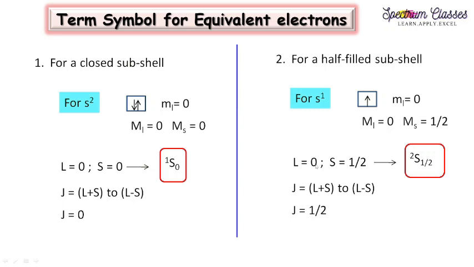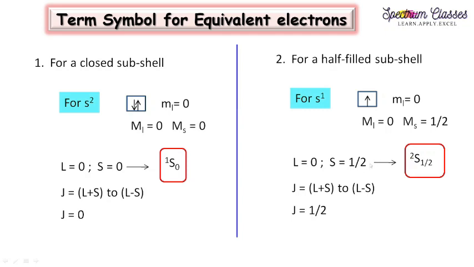So L is equal to 0 and S is equal to 1/2. If you are a little confused with these terms, you can skip this part and directly use these terms for calculating the ground state term symbols. Capital L is equal to 0 and capital S is equal to 1/2. Corresponding to L equal to 0, we assign the term S, and 2S plus 1 will be equal to 2.